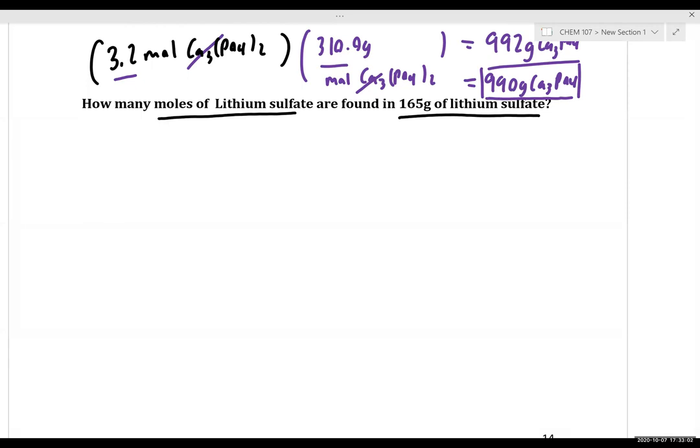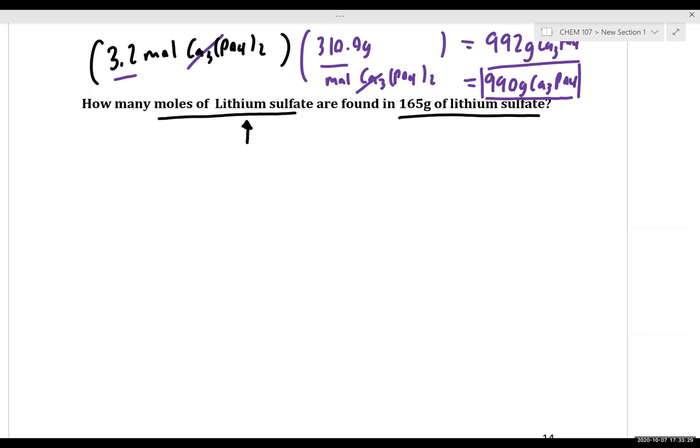We'll work on this problem over the course of about 5 to 6 minutes. To start us off, I'd like everyone to think about the formula for lithium sulfate, and I'd like to see some proposals in the chat or verbally.